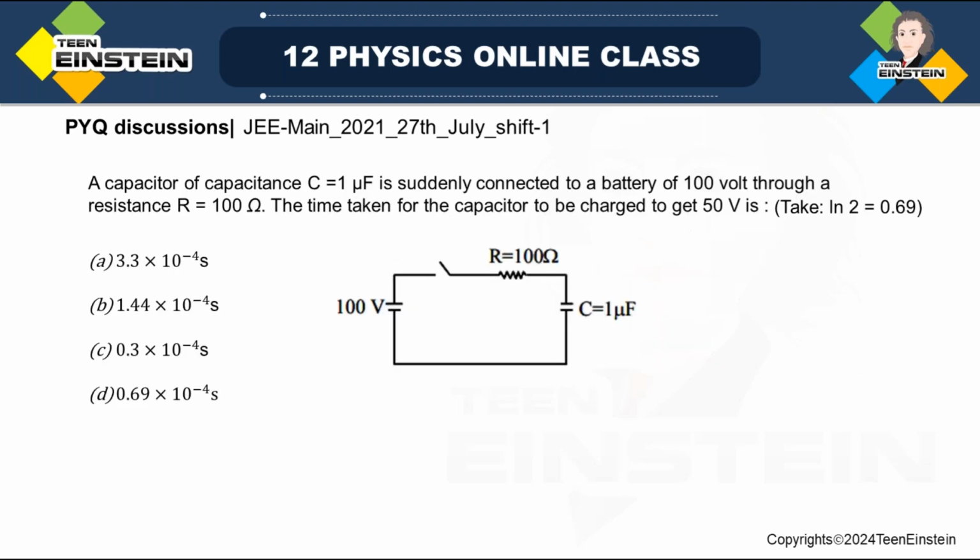Now let us go to the next problem. So this problem says a capacitor of capacitance C equal to 1 microfarad is suddenly connected to a battery of 100 volt, as you see here. Okay, so this is a battery of 100 volt. This is a CR series circuit.